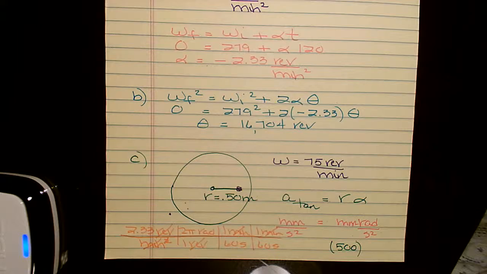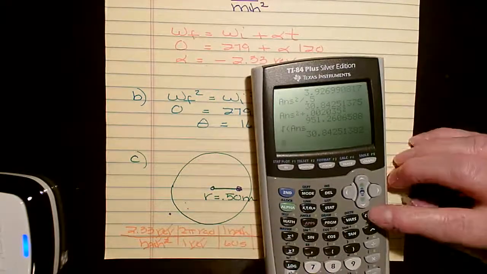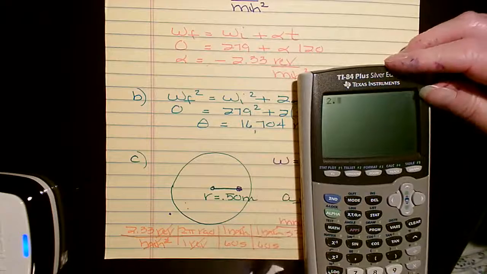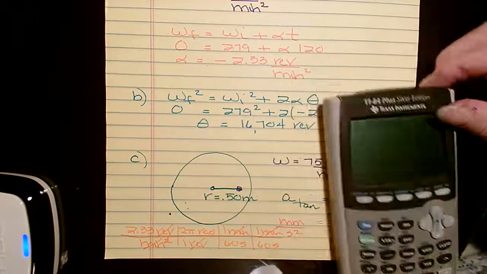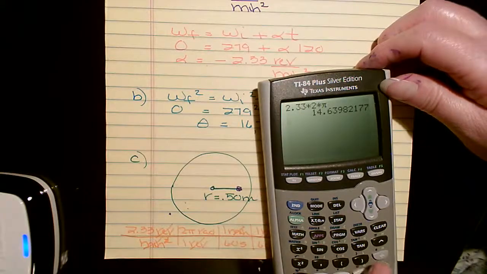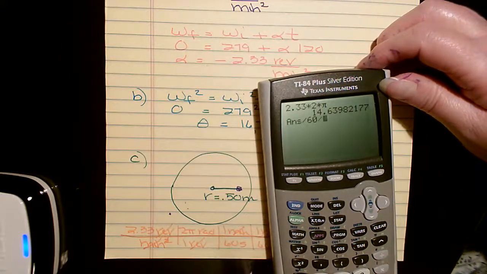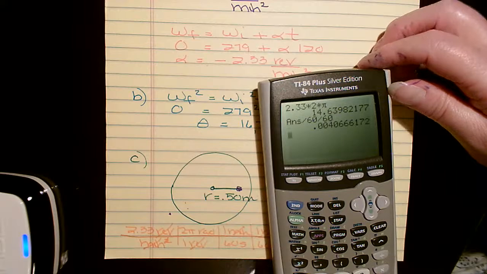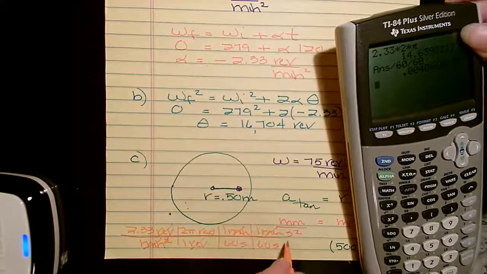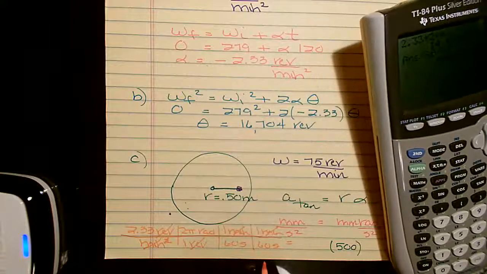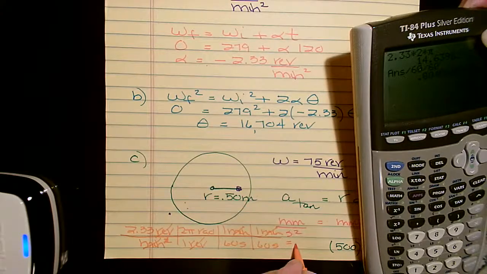So let me find a calculator. Here's one. All right, so we have 2.33 times 2 times pi. And then we're going to divide by 60, and we're going to divide by 60 again. And we get 0.00. When I have a really small number in WebAssign, I've learned to keep a lot of decimal places.